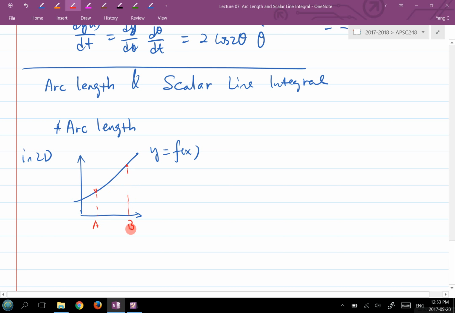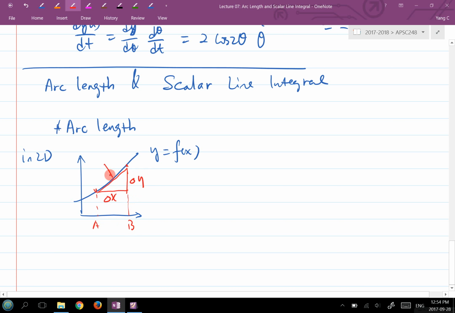Then you can draw a triangle here. This side represents the delta x change, and this side represents the delta y change. From A to B, there's an x change and a y change.